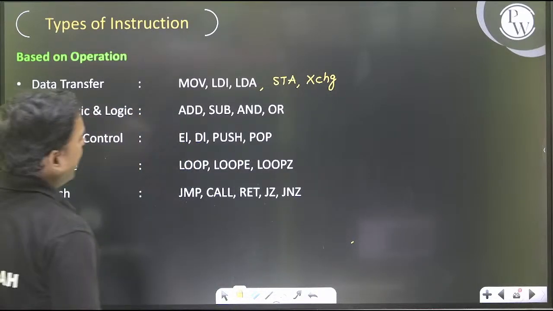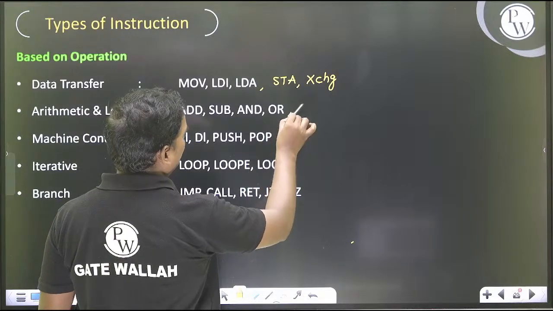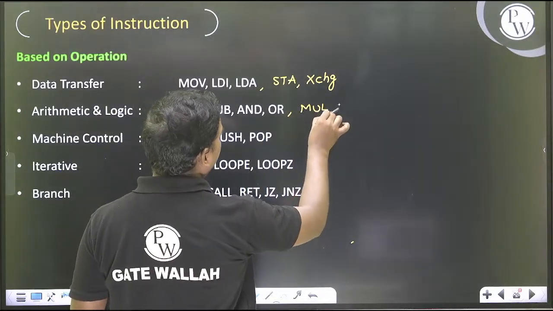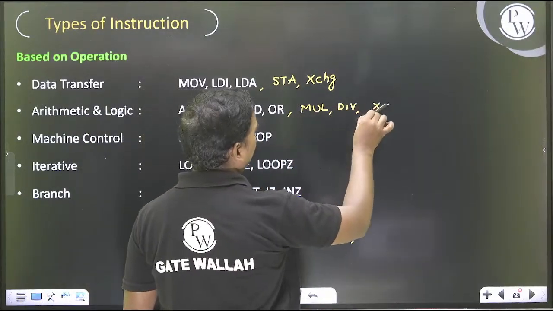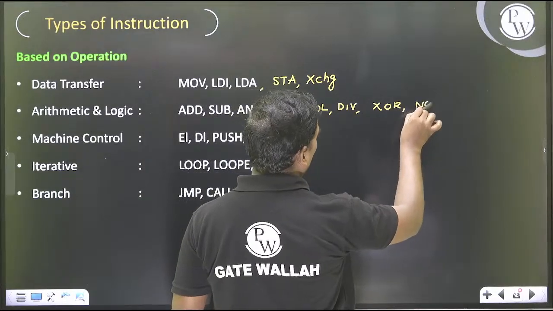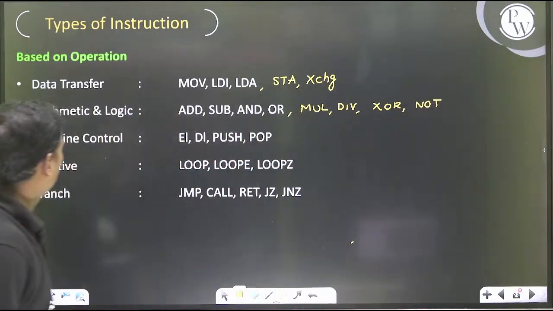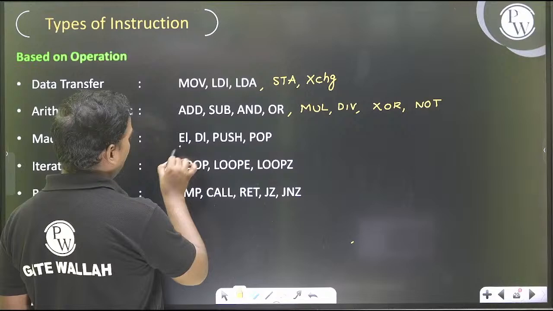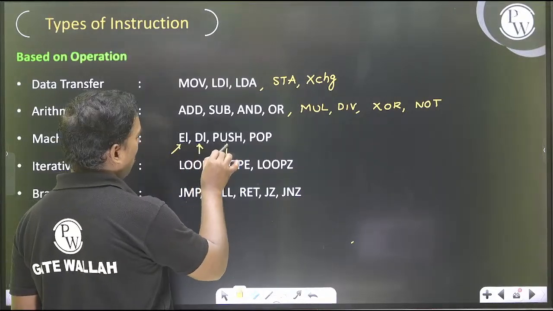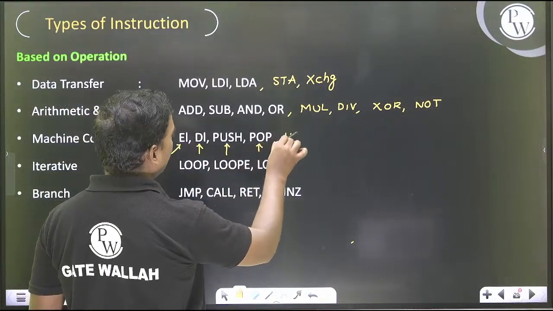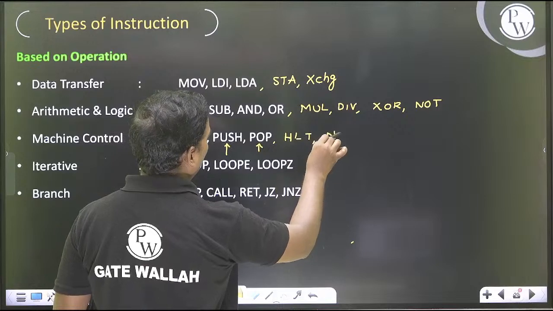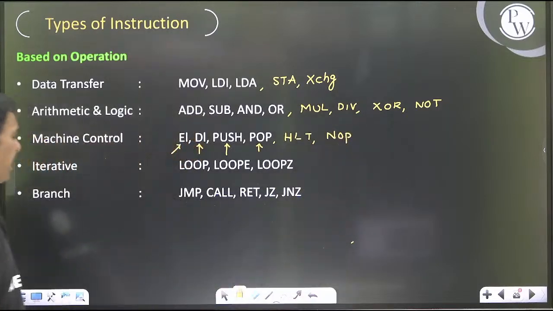Arithmetic instructions: add, sub, and, or, mul, division, XOR, not. These are machine control: enable interrupt, disable interrupt, push, pop, halt, NOP, no operations.